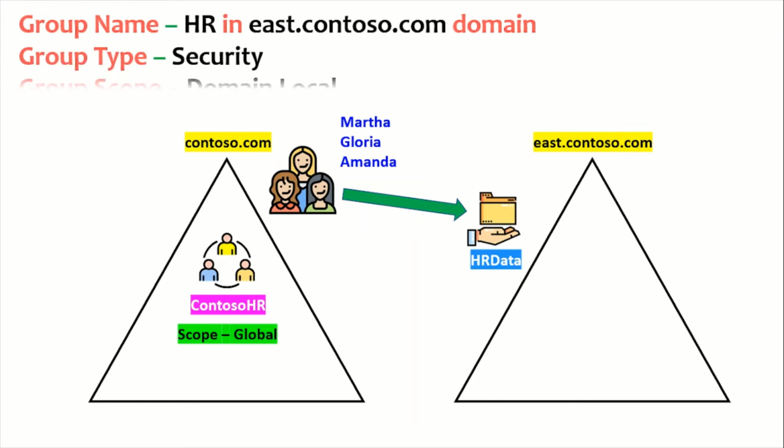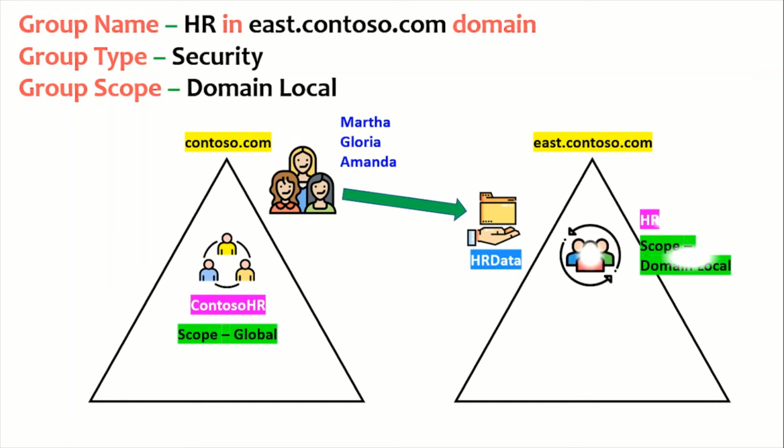Then we'll create a group named HR in east.contoso.com. Group type will be security and group scope will be domain local. And then we will nest Contoso HR in the HR group.